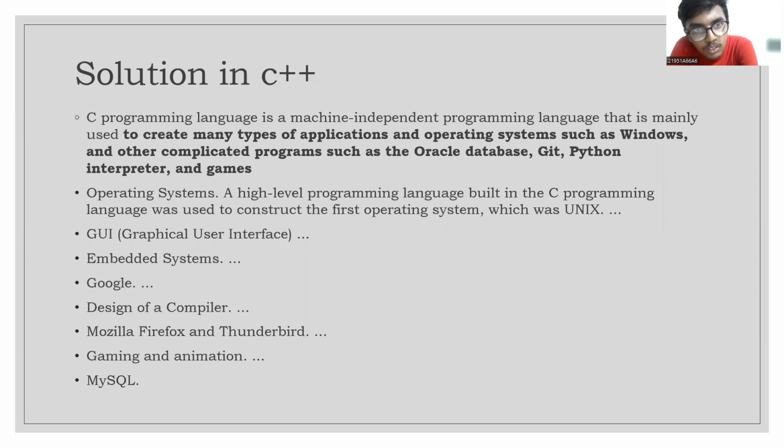A high-level programming language built in C was used to construct the first operating system, which was Unix. Also GUI, graphical user interface, embedded systems, Google, design of compilers, Mozilla Firefox and Thunderbird, gaming and animation, MySQL.